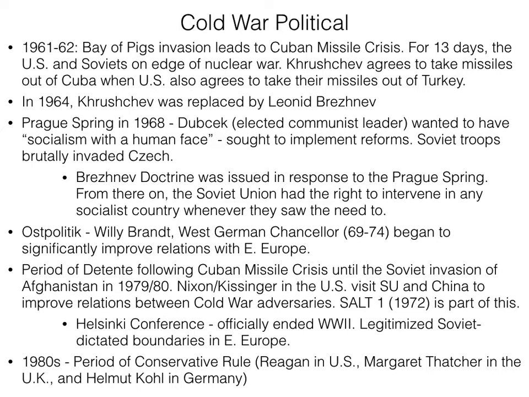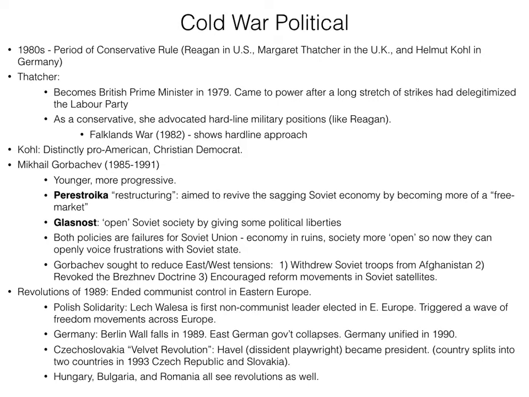We'll talk about periods of conservative rule in the 1980s, with Margaret Thatcher being probably the most noteworthy European conservative leader. It's also a time when Ronald Reagan is president of the United States. But Thatcher is someone you need to know in European history. She becomes prime minister in 1979. She's going to advocate for hardline military positions.